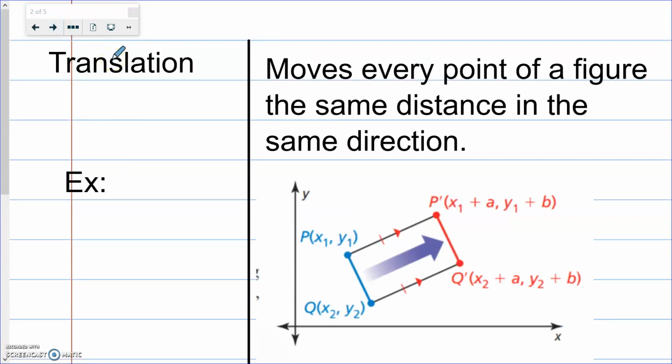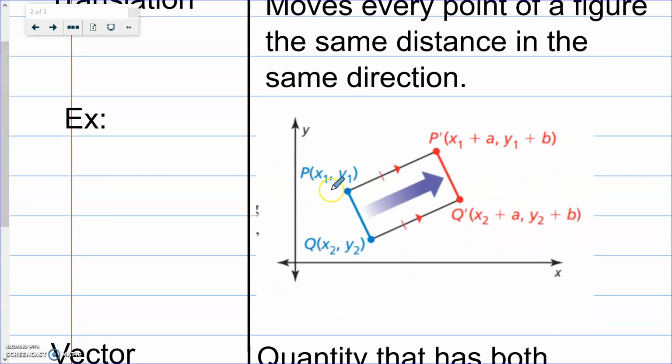A translation moves every point of a figure the same distance and the same direction. So we're starting off with our blue line right here, and it has its coordinates at P and Q, and they're connected. The coordinates at P is x1, y1.